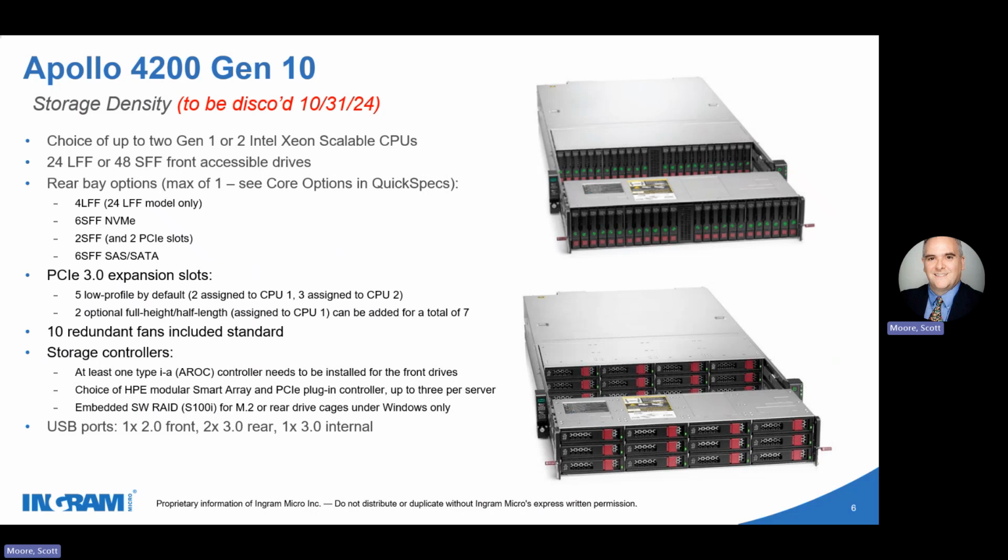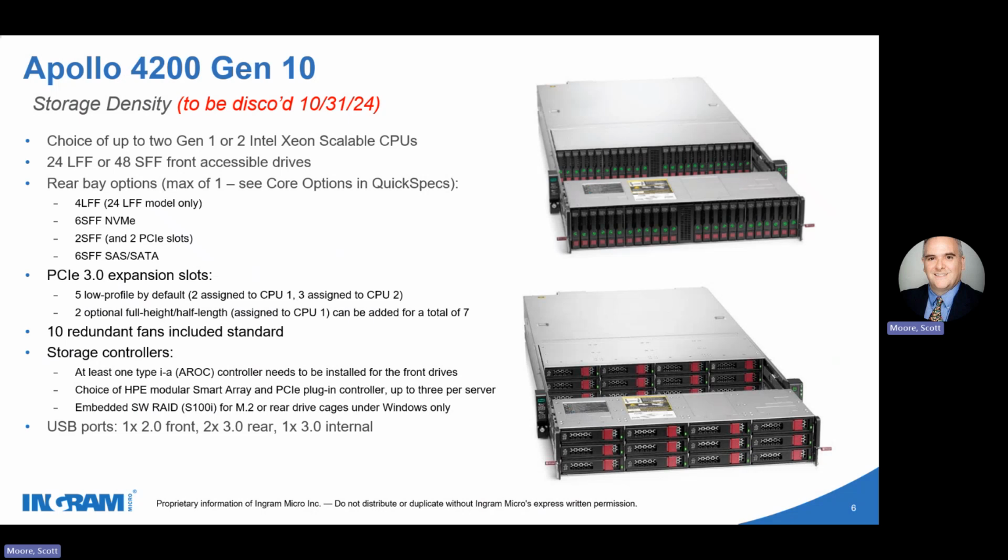The Apollo 4000 Gen 10, which is bound to be discontinued in October of 2024, supports up to 1 or 2 Intel Xeon Scalable 1st or 2nd generation processors. It is 2U tall, and it has double the number of hard drives in the front that you would expect to find on a DL380.